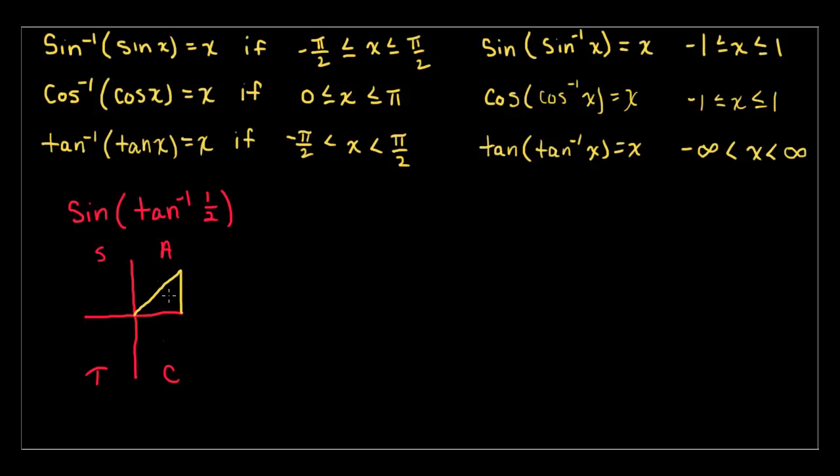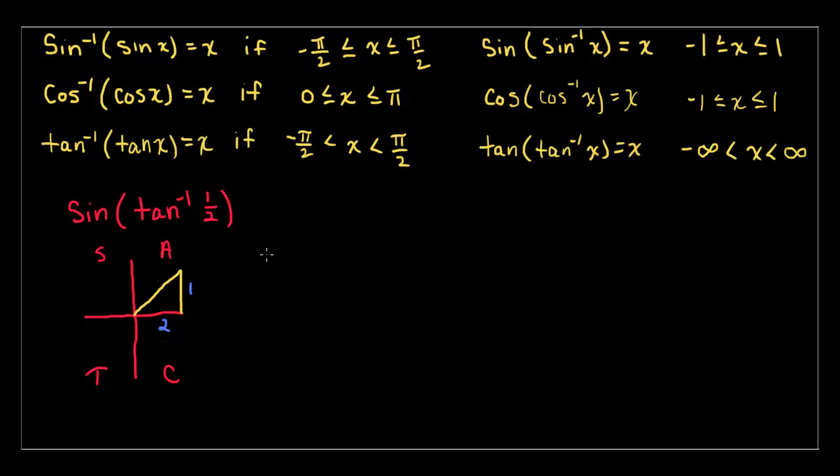Okay, recall, tangent is opposite over adjacent. Therefore, the opposite side is 1. The adjacent side is 2. Now we're going to use the Pythagorean theorem to find the hypotenuse of our triangle.